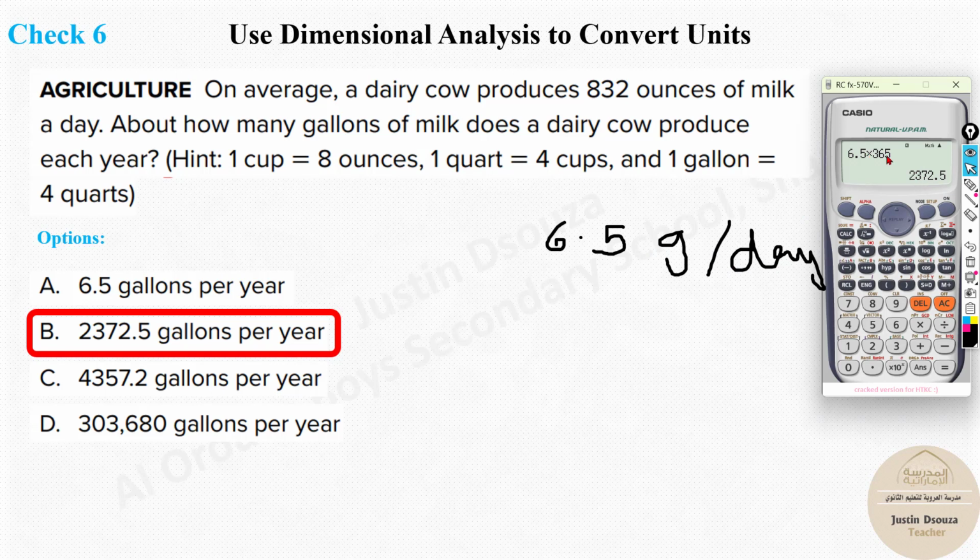Multiply this answer by 365, you will get 2,372.5 gallons per year. This is your final answer. So here, with ounces, you continuously divided by 8, divided by 4, divided by 4, and got gallons per day. But then you need to multiply by 365 to get a year.